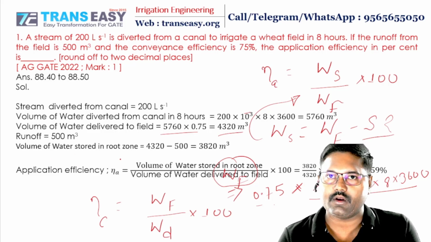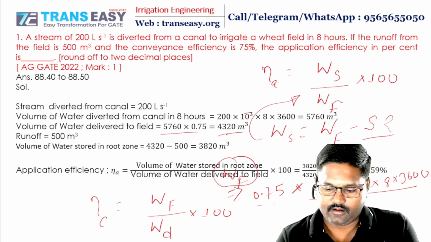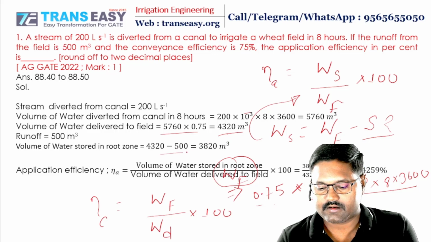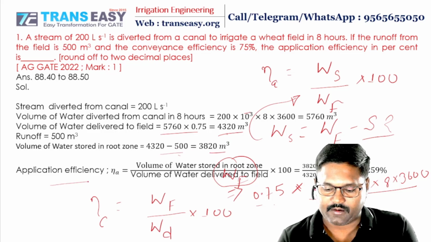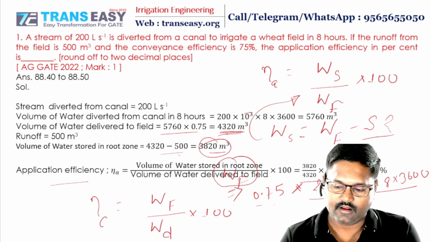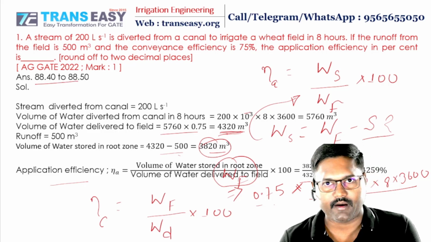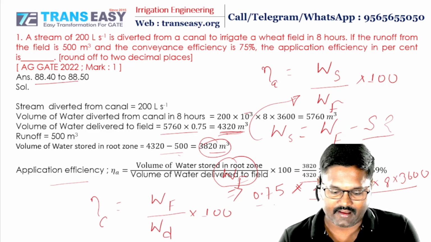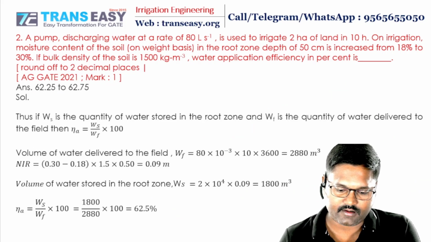Volume of water stored in the root zone is delivered to the field minus surface runoff, right? Application efficiency is stored in the root zone upon delivered to the field into 100. So 88.4259%, and this is the range provided by GATE. Following the range, it means we'll get 1 mark.